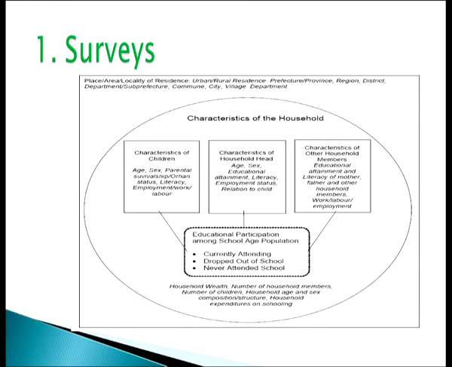With this in mind, characteristics of the household head and also characteristics of the school age population, we can also have characteristics of the children by age, sex, their parental survivorship, orphan status, literacy, employment, work, labor, and also characteristics of other household members, because it is also a very important thing. The family size, the number of the family members is also an important indicator of child's schooling.